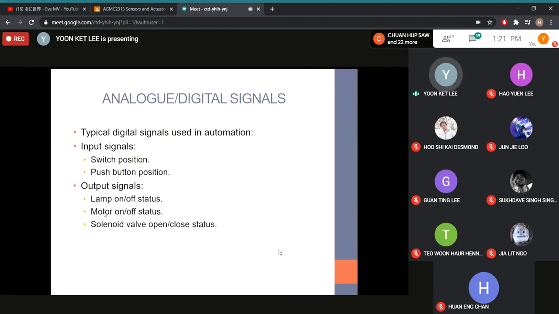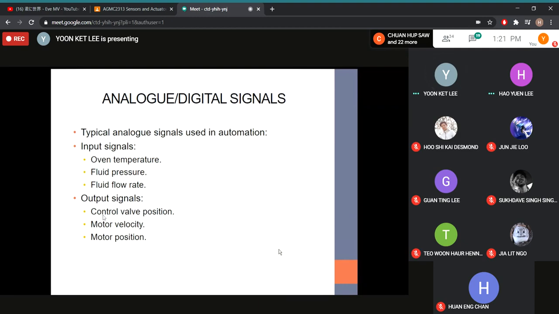Then how about the analog? Radio signals. What do you mean by radio signal? The wave, radio wave, in your car radio. Okay, radio wave signal, it's analog. What is your output signal?